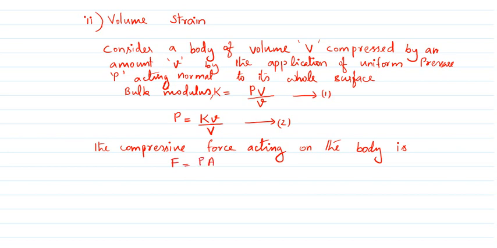Okay, this equation you got from P equal to F by A, so F equal to PA, and substituting the value for P, you will get K small v divided by capital V into A. So this is equation number 3.